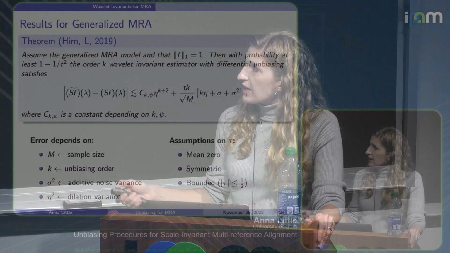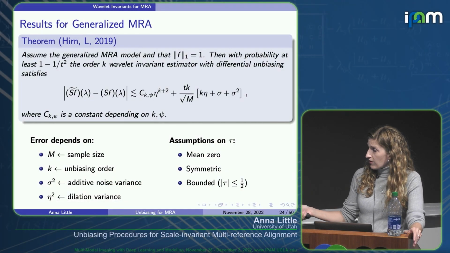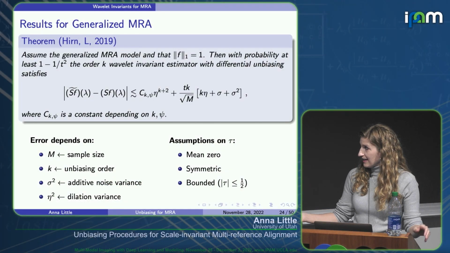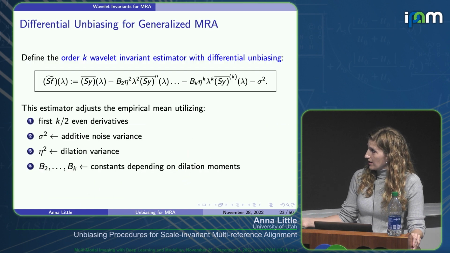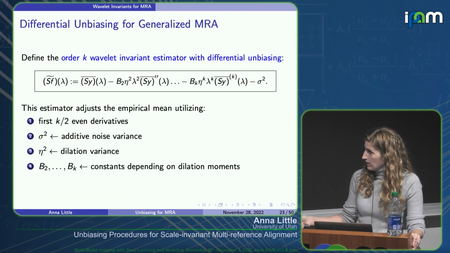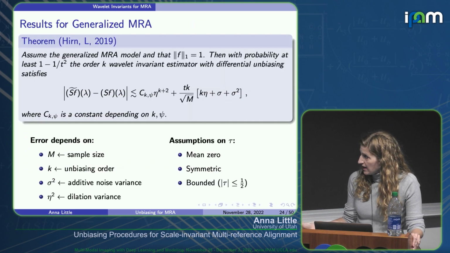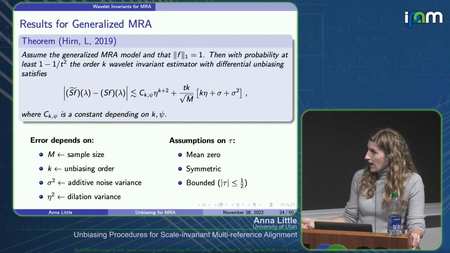Okay, so what can you prove for this generalized MRA model with these wavelet invariants? You can prove, with that more complicated estimator that was just up here, where we've done some unbiasing based off of the derivatives of the representation, that the error of those features is upper bounded in the following way.